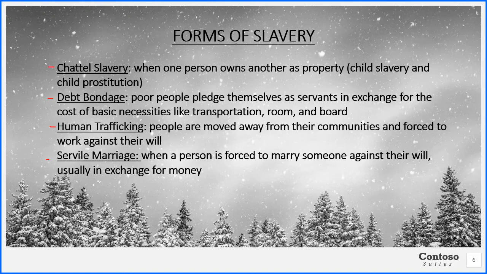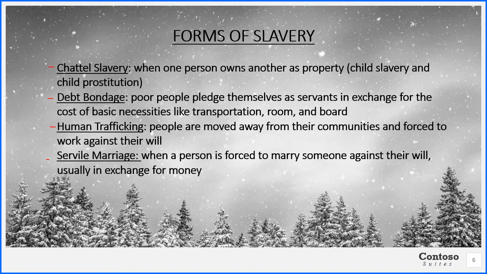So certainly what we had in the United States and the colonies before that, until the passage of the 13th Amendment, was chattel slavery. And other things like child slavery and child prostitution that still certainly go on today are qualified as this also.